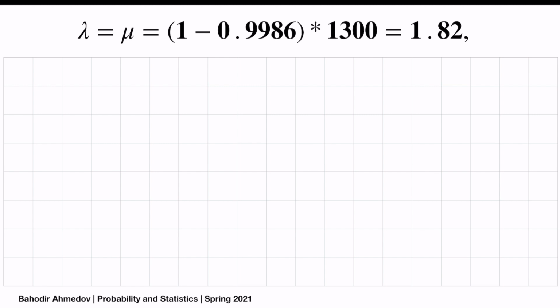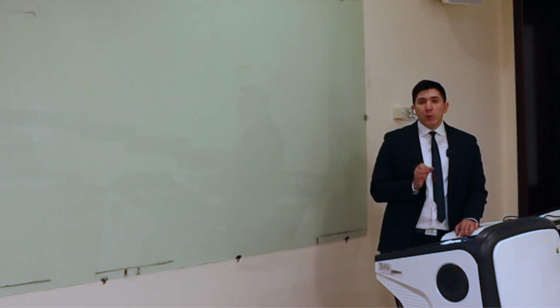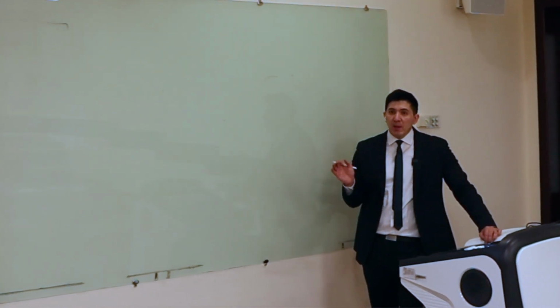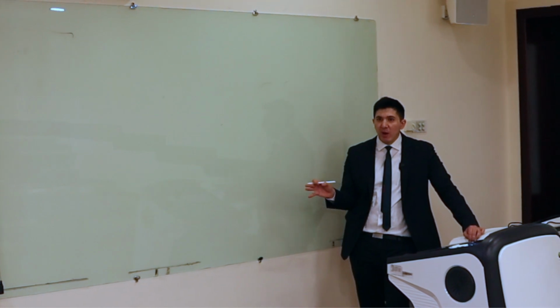So just using this, we can evaluate the probability that the company will be in profit. Let's assume that X is the number of persons who won't survive. So what is the maximum value of X so that the company will be in a profit?